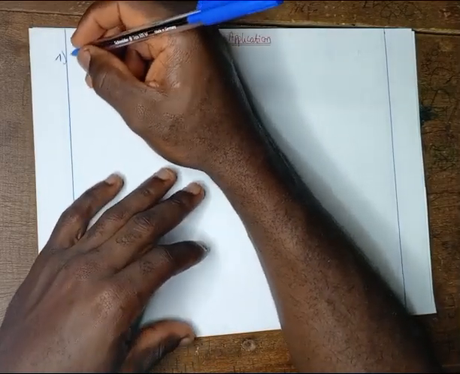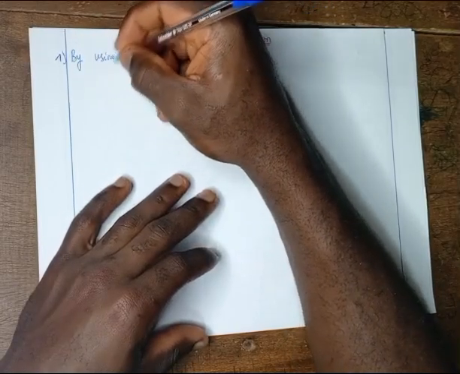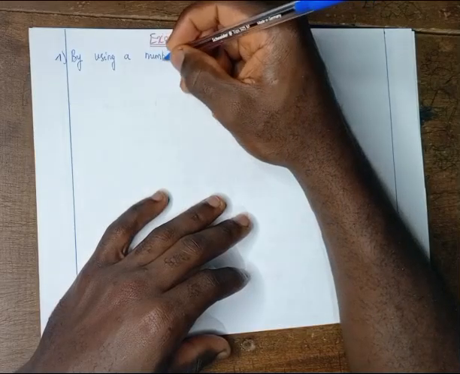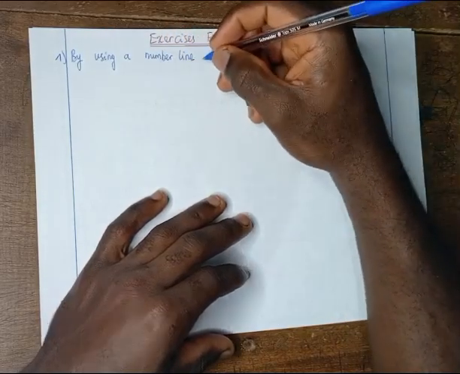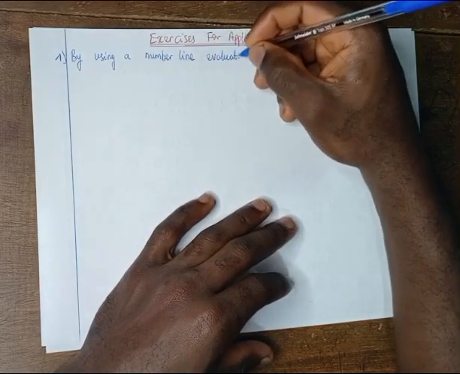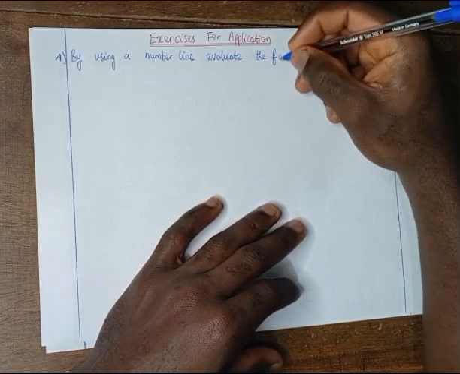It says by using a number line, evaluate the following.